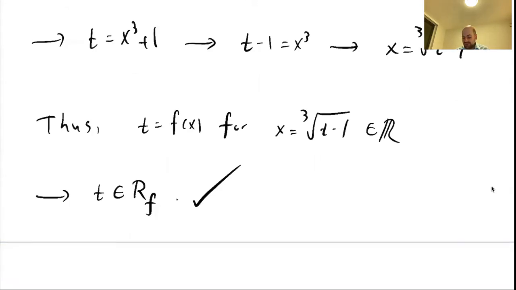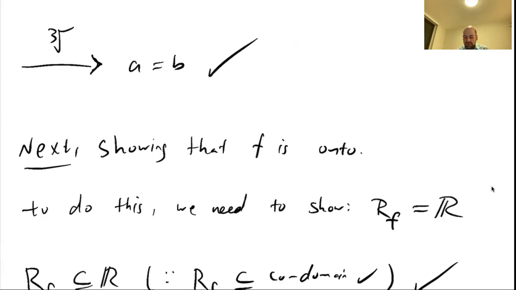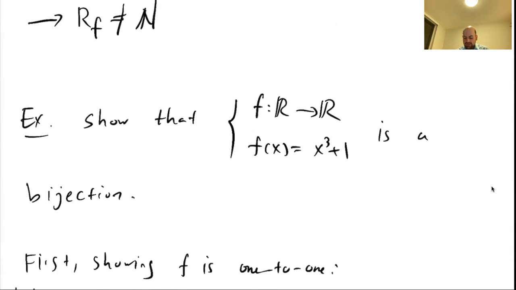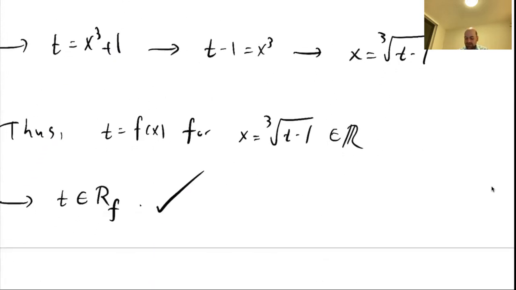But this x is cube root of t minus 1. And cube root of a number is, of course, always a real number. And my domain in this case is all real numbers, from R to R. So cube root of t minus 1 is a real number. So it's an element of domain. So I showed that t is f of some input chosen from the domain.